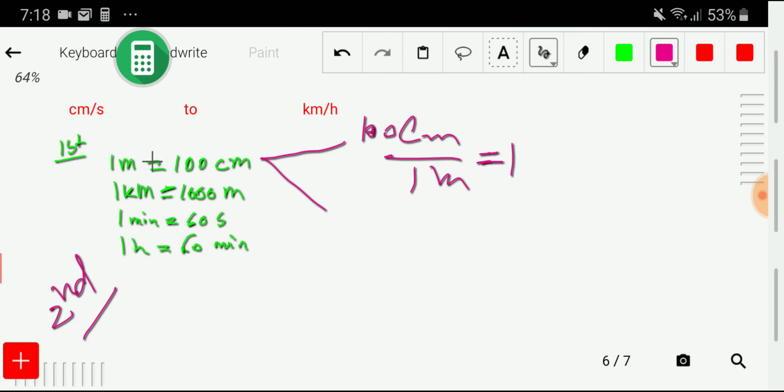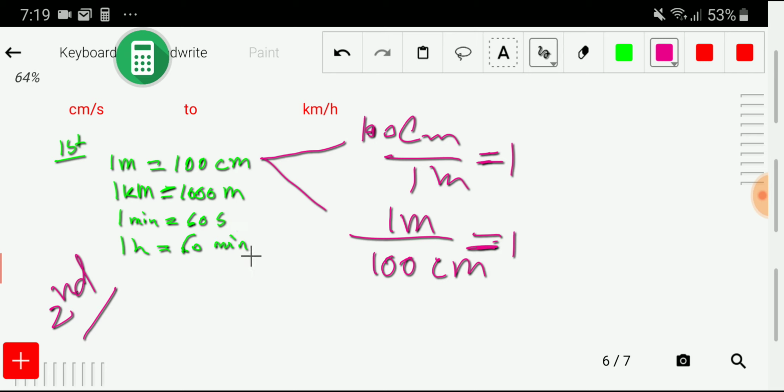And then you can take meter as a numerator and centimeter as a denominator, so you will just take the opposite of it. So we are getting here 1 meter divided by 100 centimeter equals 1, and from this relationship you will also get 2 conversion factors like this, and from here you will get also 2, from here also 2.